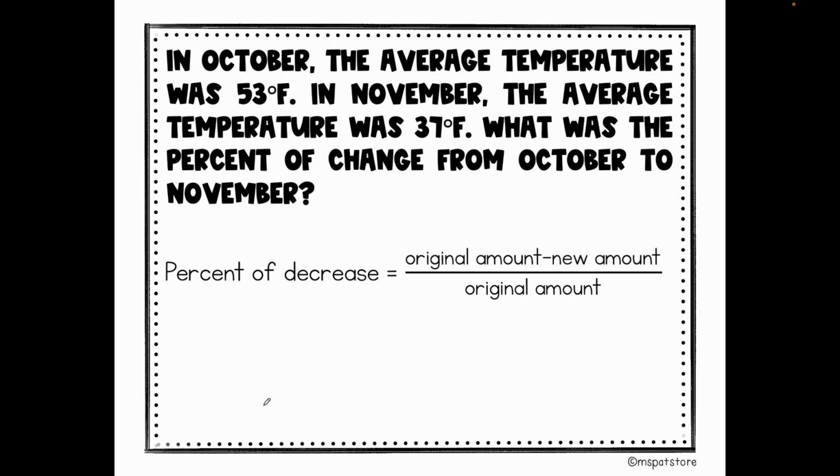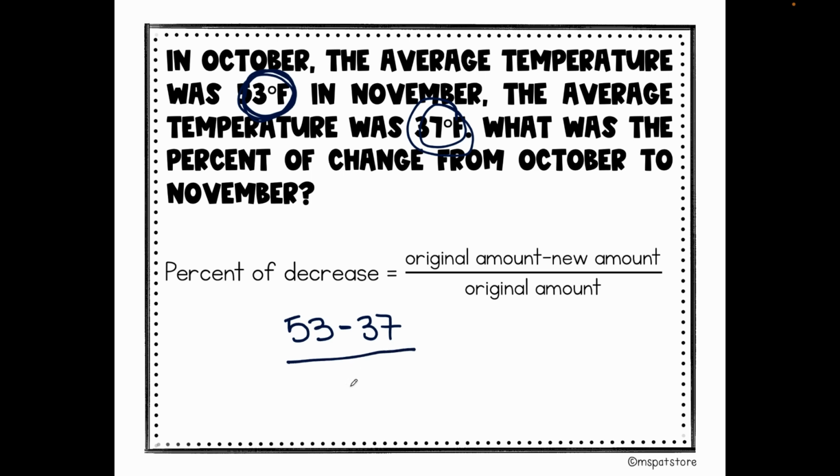Very good. In October, the average temperature was 53 degrees Fahrenheit. In November, the average temperature was 37 degrees Fahrenheit. What was the percent of change from October to November? So my original amount, I started with this temperature, so it is 53 degrees Fahrenheit minus my new amount that it was in the next month, 37 degrees.